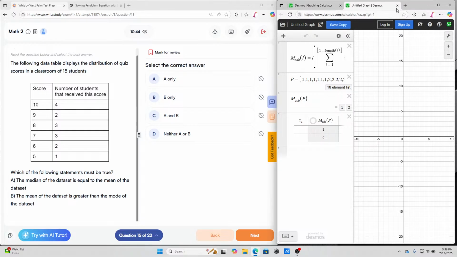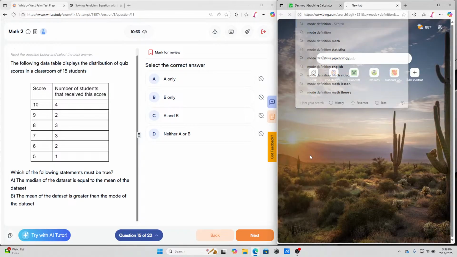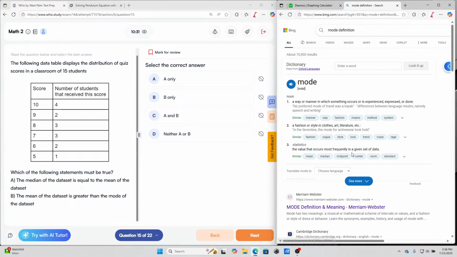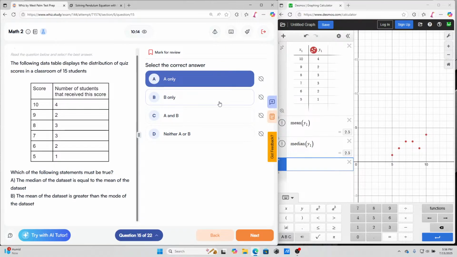So it's the element list, and I mean, it's 3. The mode is 3. Wait, no, the mode is the value which occurs most frequently. Okay. So mode's 3. It's just A. B is not correct.